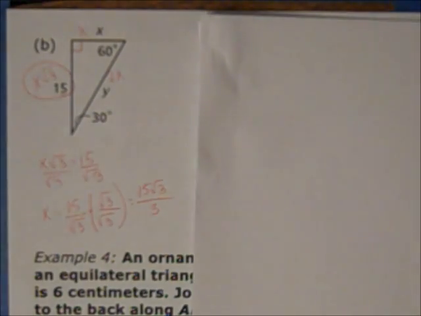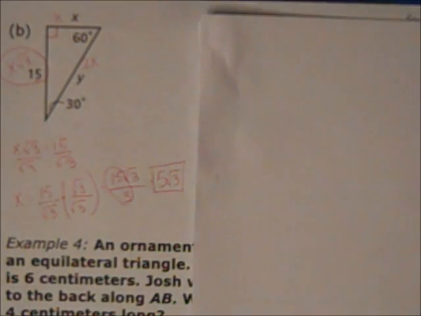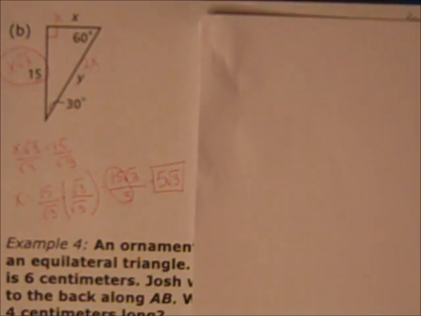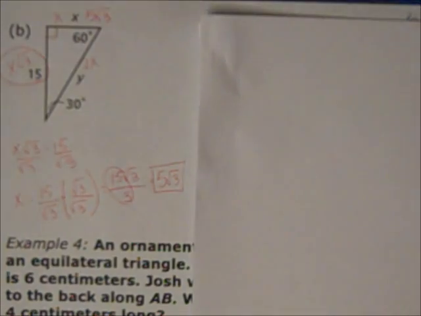Square root of 3 times itself, the square roots cancel out and just leave you with plain old 3. Now look here, you have 15 over 3, so you can simplify to 5 on the square root of 3. All I did was divide 15 by 3, and then I just held on to my square root of 3 there. Okay, so x is equal to 5 on the square root of 3.